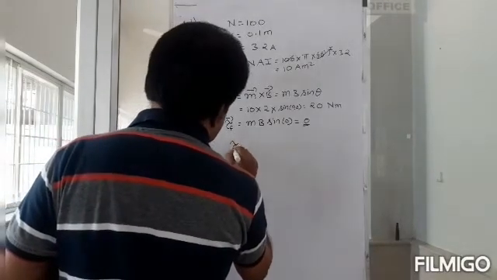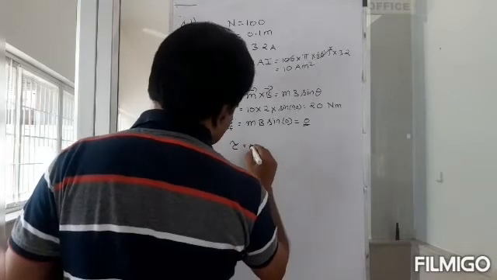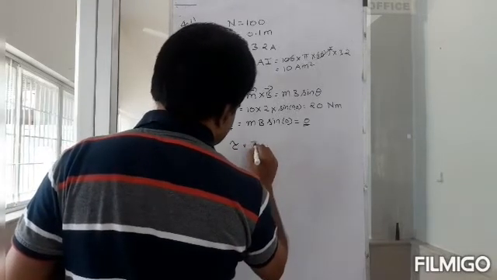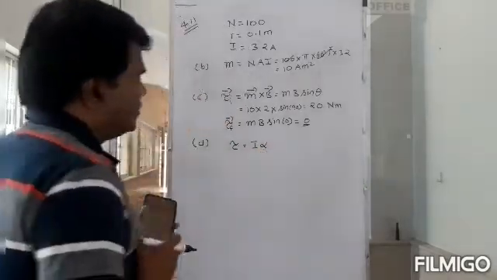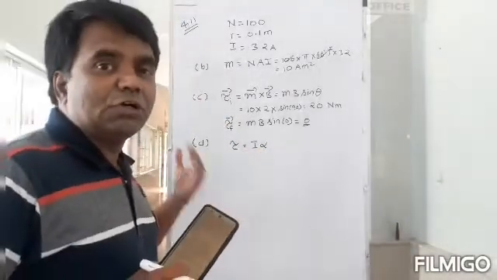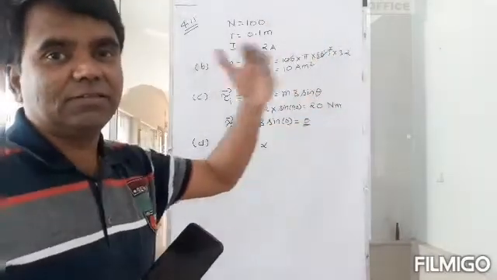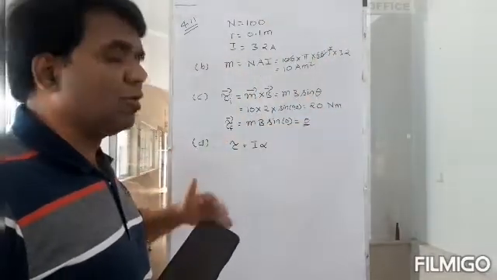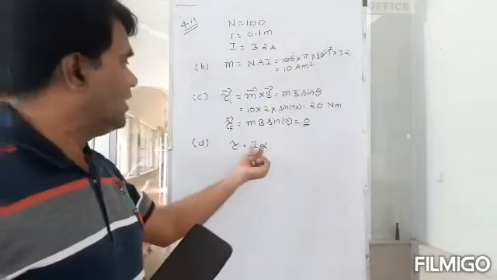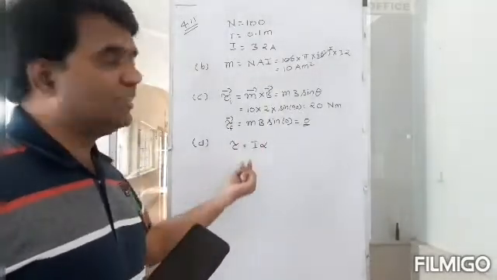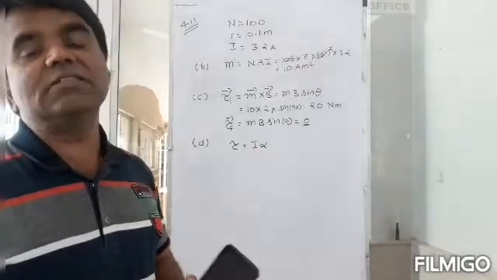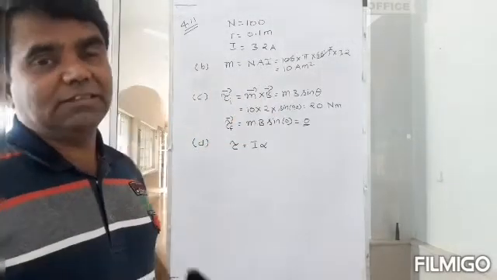We know the torque is equal to I alpha. So torque is the force equivalent in rotation, right? F is equal to ma. So torque is equal to I alpha. I is the moment of inertia and alpha is the angular acceleration.